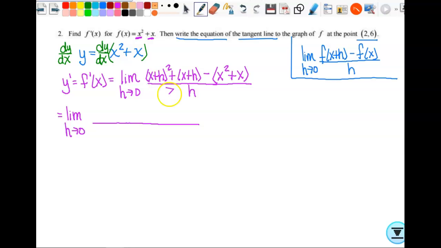So this is going to be x squared plus 2xh plus h squared, right? Then I still have, so that's this part. Then I still have plus x plus h. And then this becomes minus x squared minus x all over h.